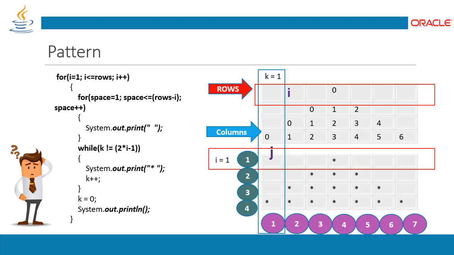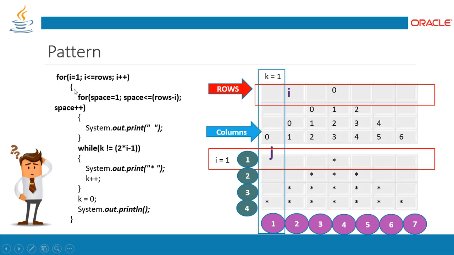Filling space is basically, when it is an incremented or decremented value, you first have to complete it with the number of rows or number of columns. When we have rows and columns running with specific variables in a loop, I is running for the rows and K is running for the columns, taking care of columns. So first, I equals 1 and K equals 1, and this is filled up with space.